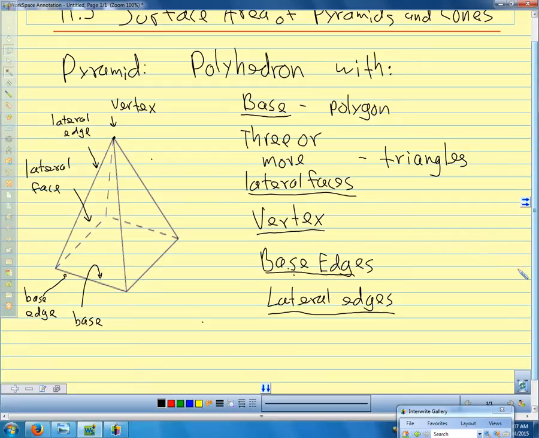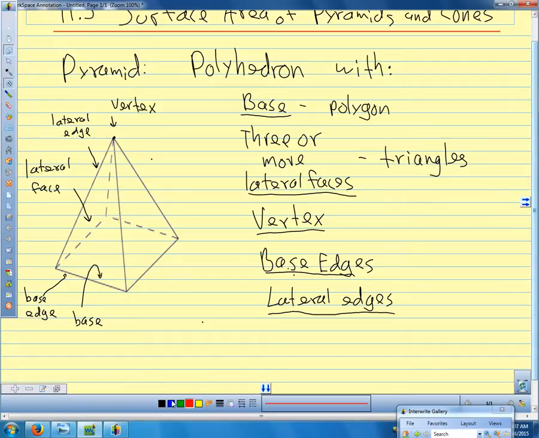And there are a couple of other important pieces that we need to keep track of with our pyramid. Now, our pyramids are named by the shape of their base, just like a prism. So this would be a square pyramid. It would be square or rectangular, depending on the dimensions.